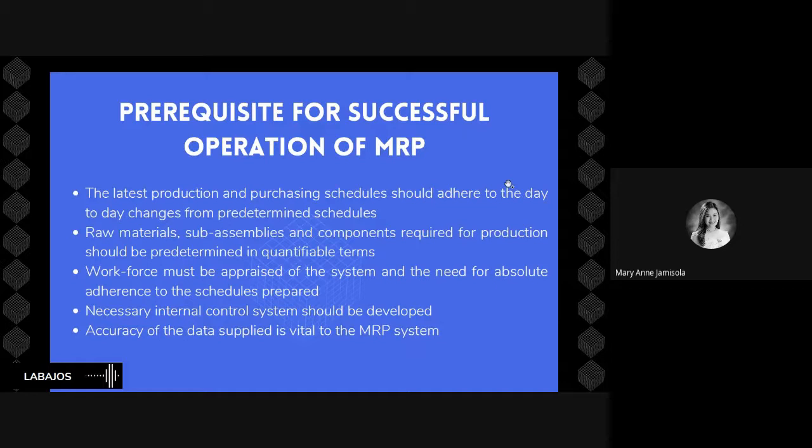So what are the prerequisites for a successful operation of MRP? The prerequisites for successful operation of MRP are as follows. The latest production and purchasing schedules prepared should be strictly adhered to.